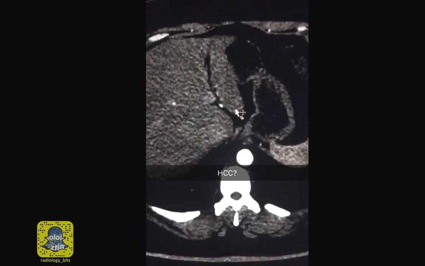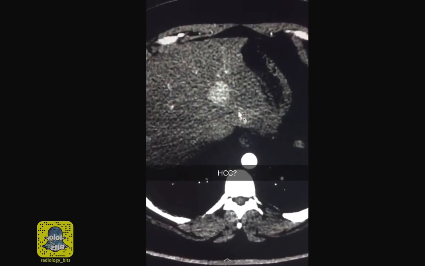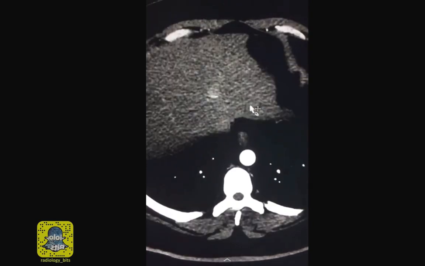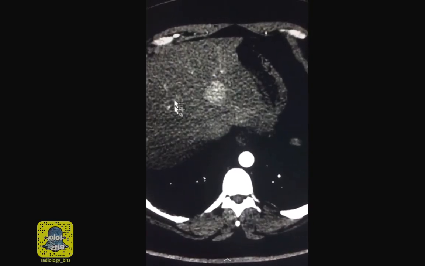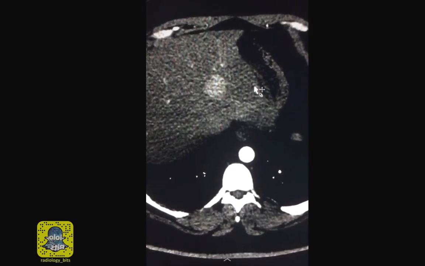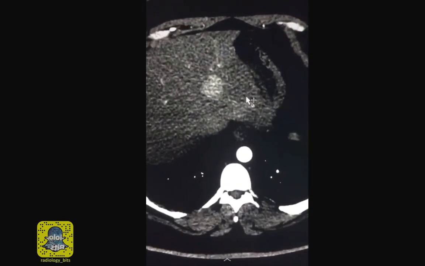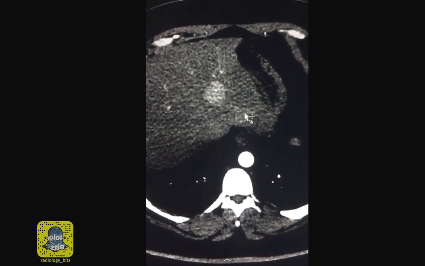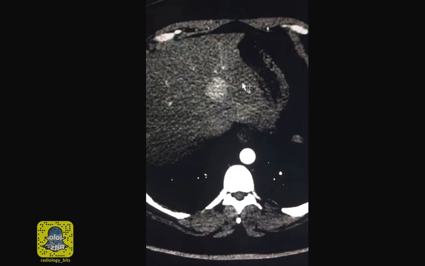Now, can this be the very common as well hepatocellular carcinoma? You usually see hepatocellular carcinomas in cirrhotic livers, which we have no features of on this case. You typically see them as either homogeneous or heterogeneous lesions on the pre-contrast, and you'd see them on the post-contrast as hypodense abnormalities.